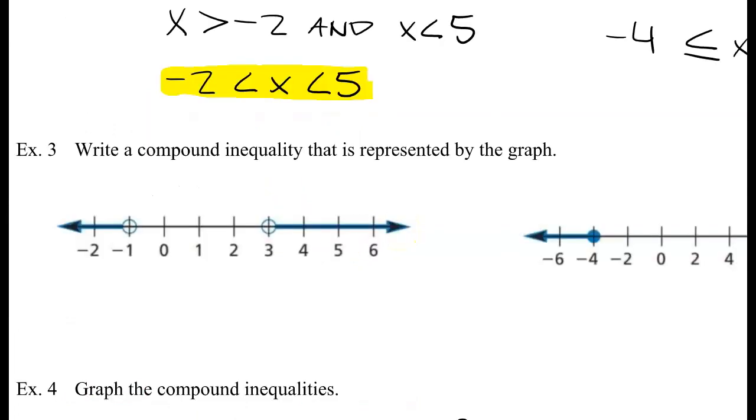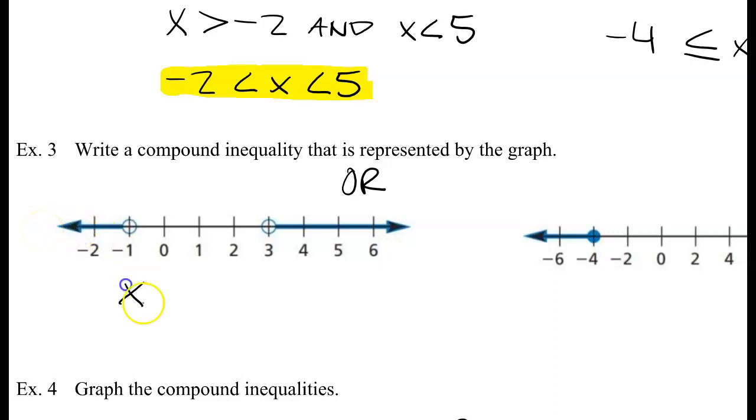For this next set of examples, let's talk about what happens when the arrows are facing the opposite directions. That means there is an OR statement. So for OR statements, we don't tend to write them together as one single statement. We actually write the word OR. So that's how I'm going to go ahead and approach this. For the first inequality, I have -1 open circle, and then the shading is to the left of it.